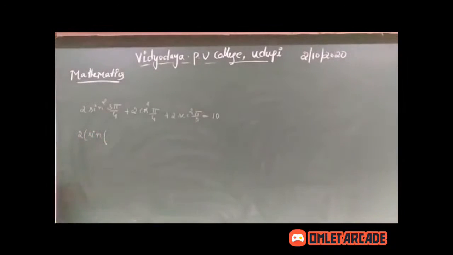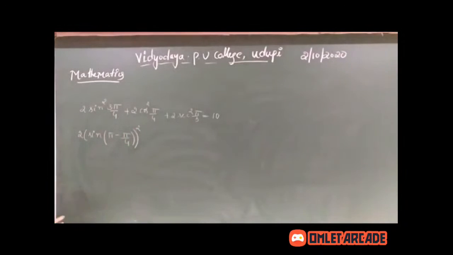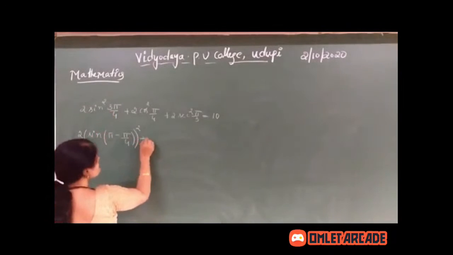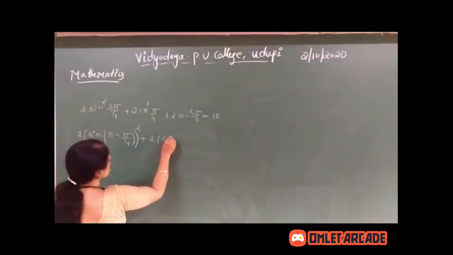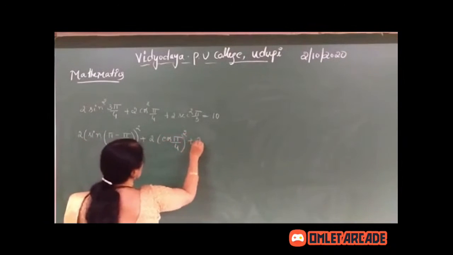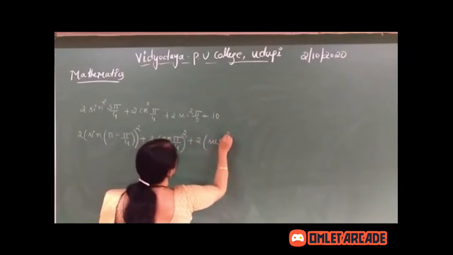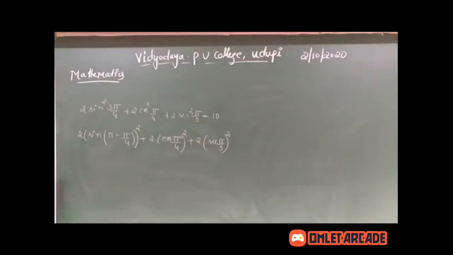So this is 2 sin² of 3π/4, and 3π/4 can be written as π minus π/4. Plus 2 cos² π/4 plus 2 sec² π/3. Clear?